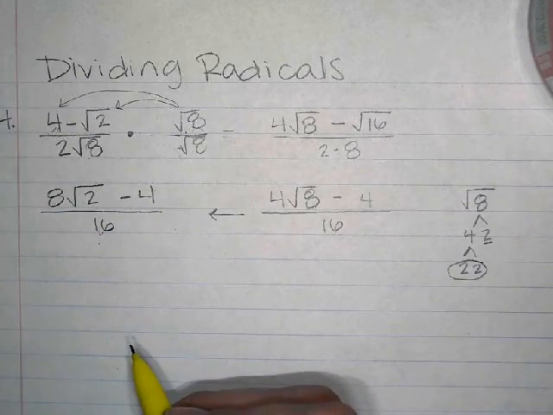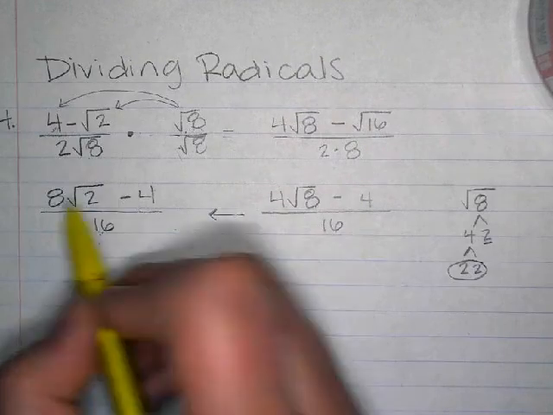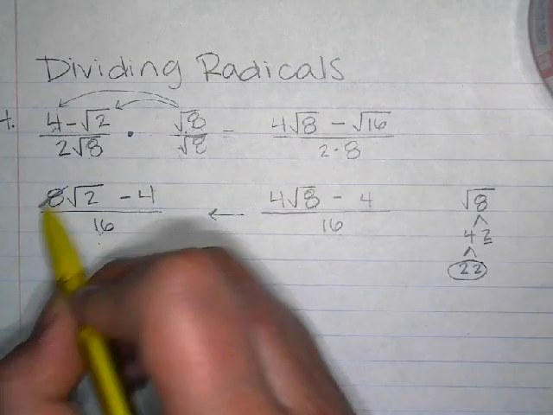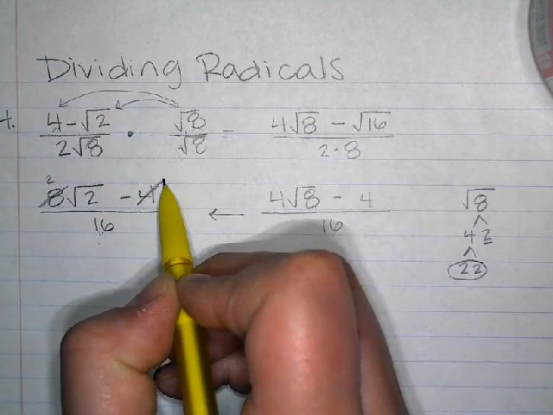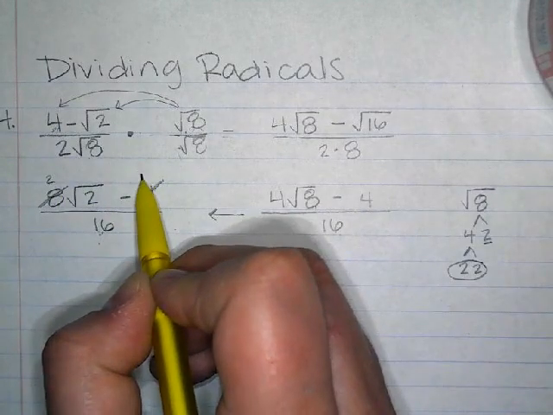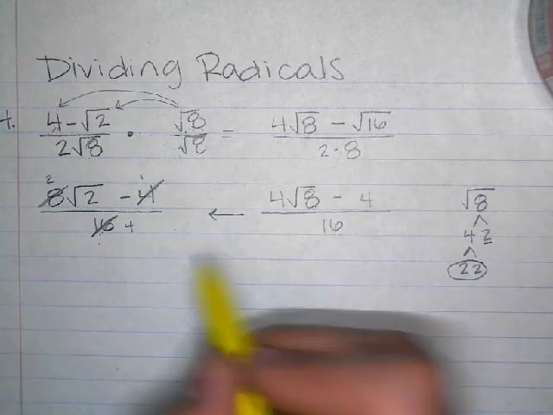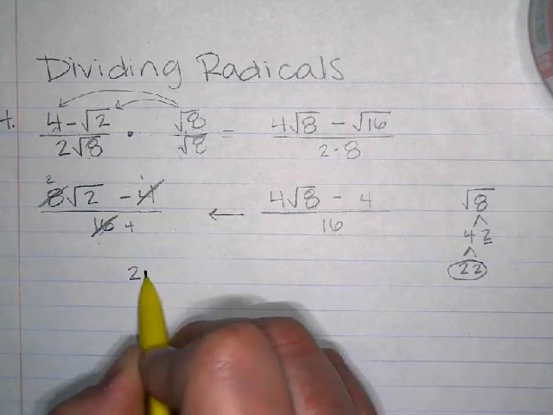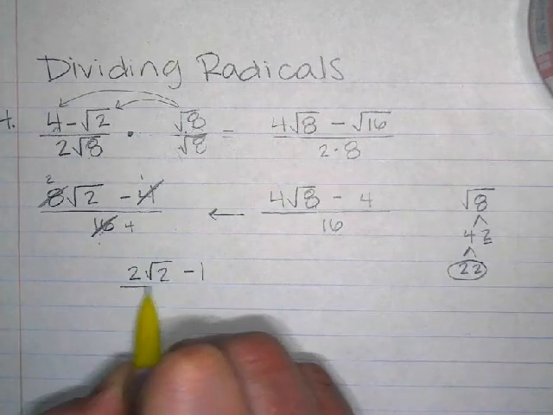Divide them all by 4, and what do we get? 4. Divide by 4 and we get 2. Divide by 4 and we get 1. Divide by 4 and we get 4. Okay, so the final answer is 2 root 2 minus 1 over 4.